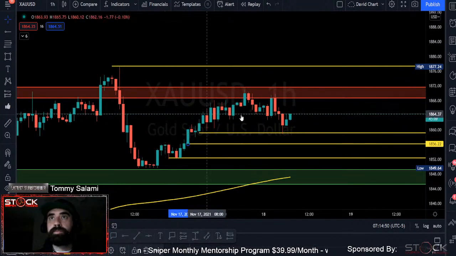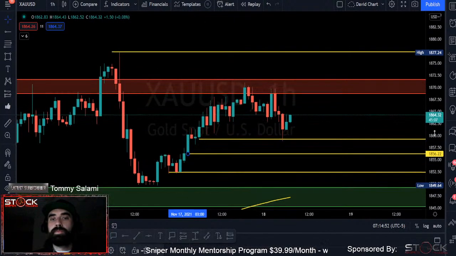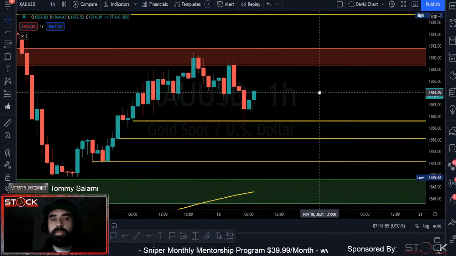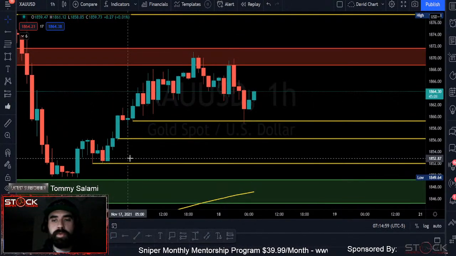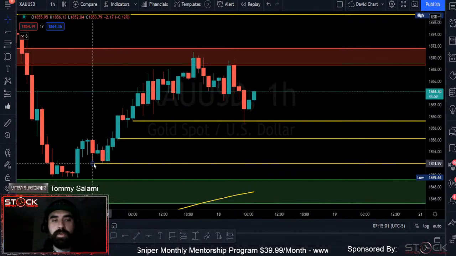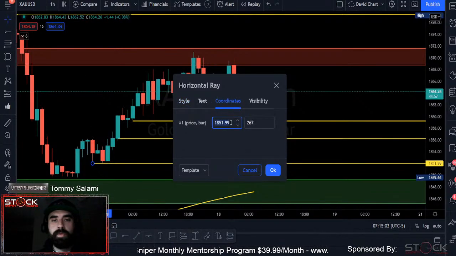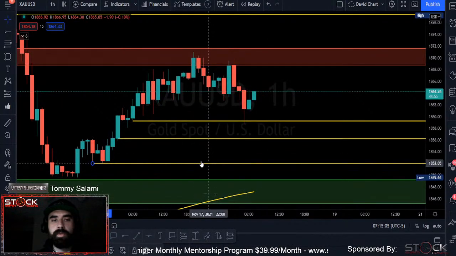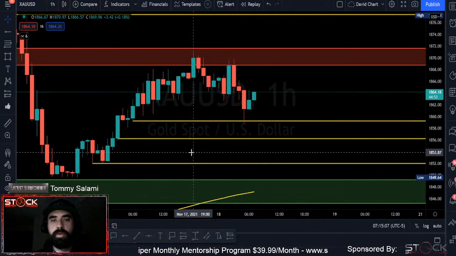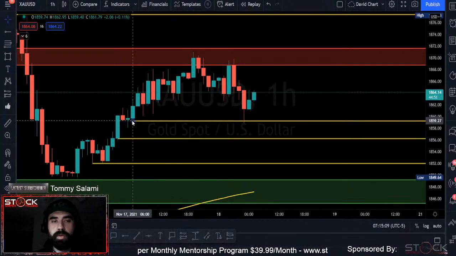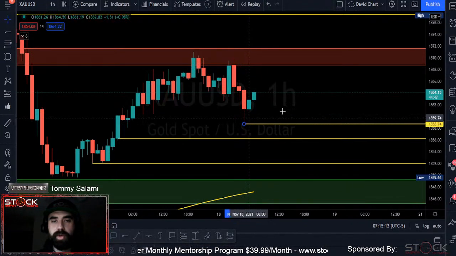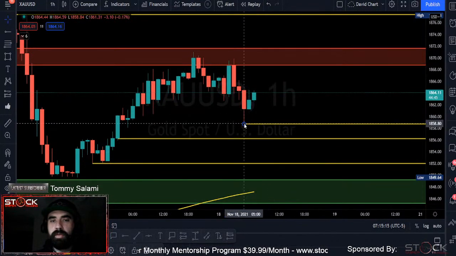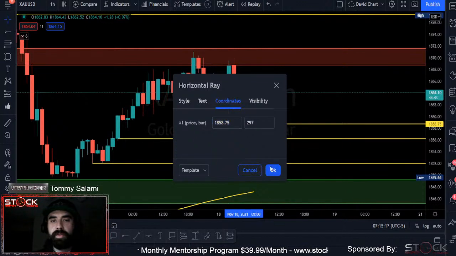Tighten everything up. Perfect. 1852. There we go. Act as this bottom wick right there, and that would be 1858.75.